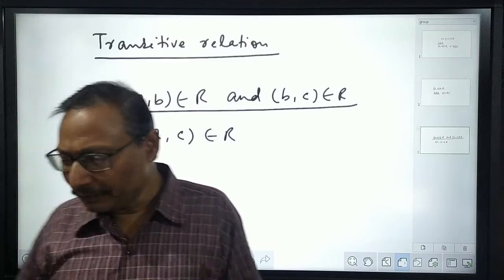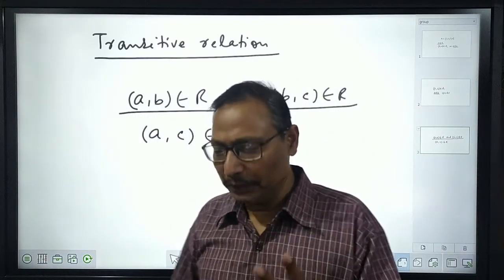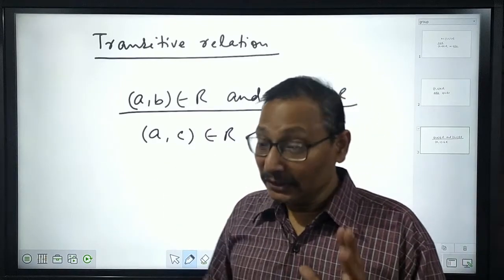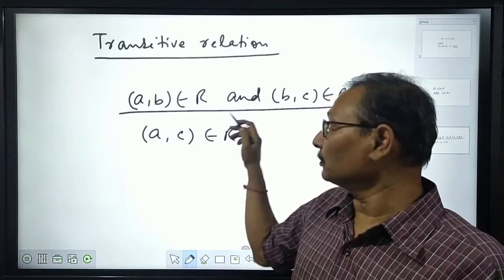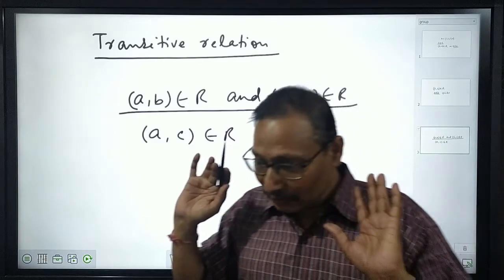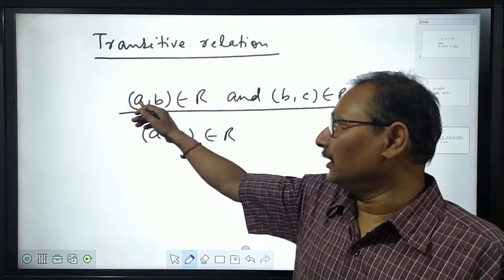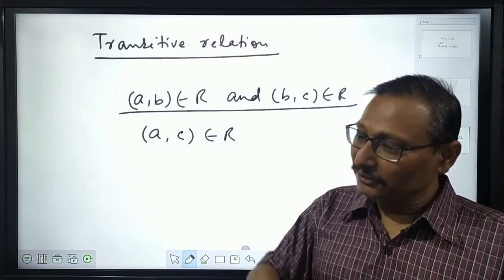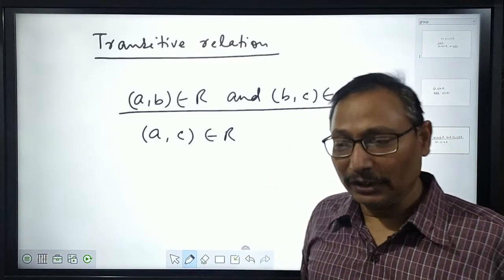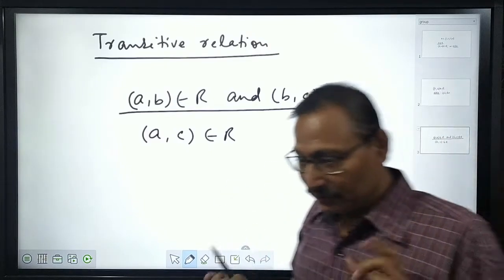Whenever we are to check transitivity of any relation, we take two pairs from the given relation such that the second element of the first pair is the first element of the second pair. After supposing this, we will check whether A and C are related or not. That means A is in the same relation with C or not.